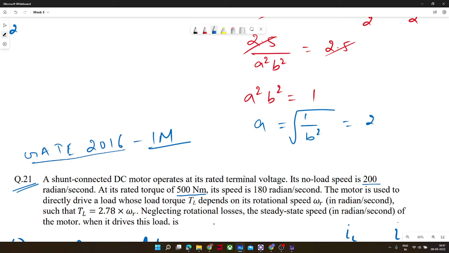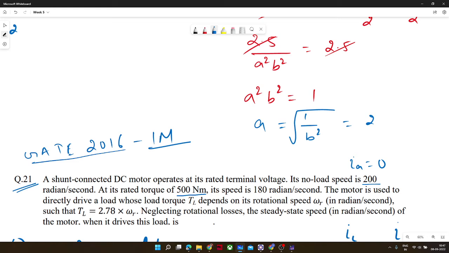No load speed means armature current is 0. So when IA is equal to 0, this 200 radian per second was the speed of the DC motor. At rated torque, its speed falls to 180 radian per second.